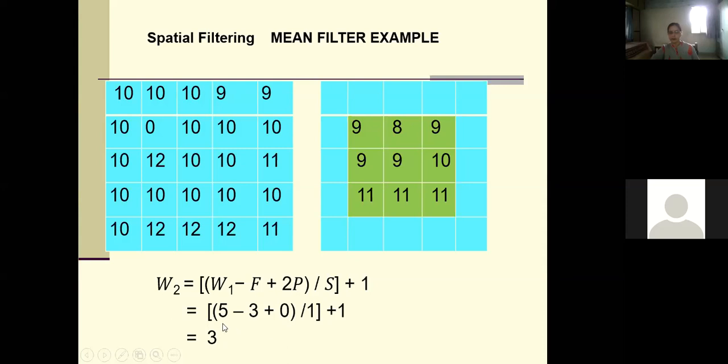So here 5 minus 3 plus 0 gives you 2 and this 2 by 1 is 2. 2 plus 1 results in 3. And this 3 represents width or dimensions of your resultant image. Is it clear? So we are getting here resultant image size as 3 by 3. Even for height, you have similar equations because we are considering symmetry for all the parameters. Is it clear how we are getting this resultant image size as 3?